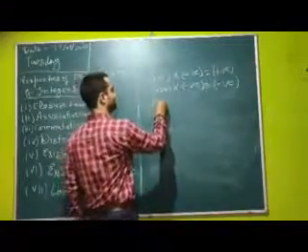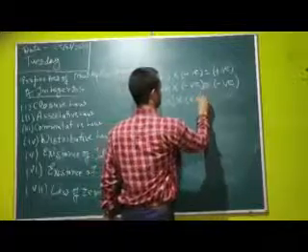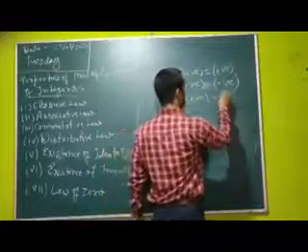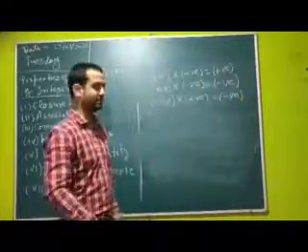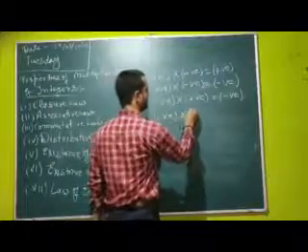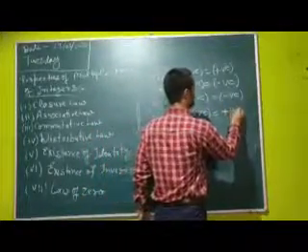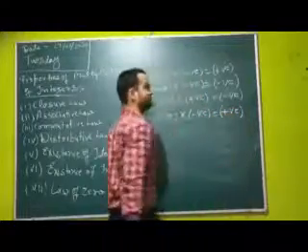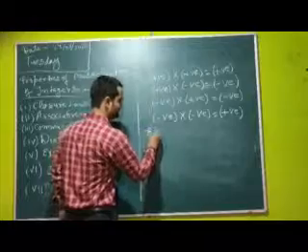When we multiply any negative integer to any positive integer, we get the answer again as a negative integer. But when we multiply any negative integer to another negative integer, the answer is a positive integer.